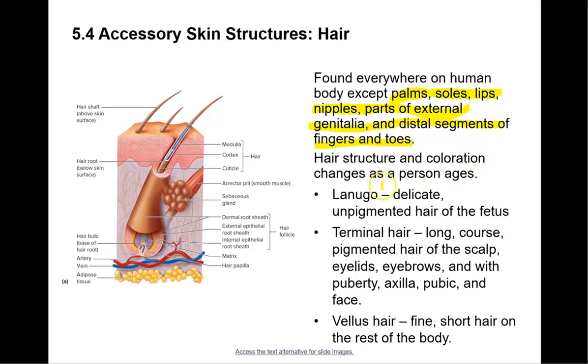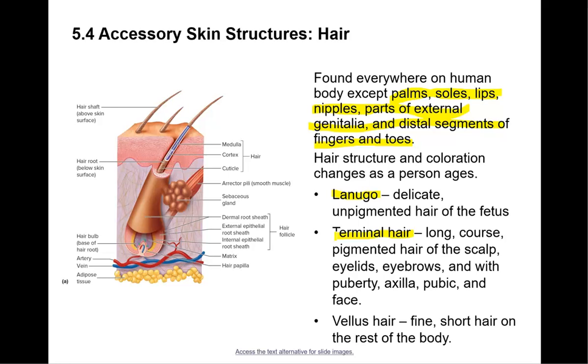Lanugo is the delicate, unpigmented hair of the fetus, and that typically is gone by the time the baby is born, but sometimes not. And then terminal hair is long, coarse, pigmented hair. This is what you find on your scalp, your eyelids, your eyebrows, under the arms, the axilla, the pubic area, and the face after puberty.